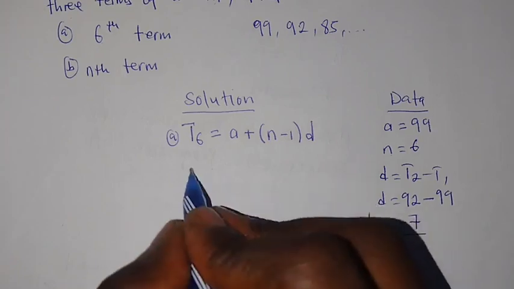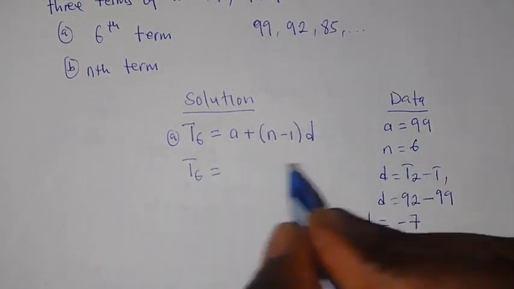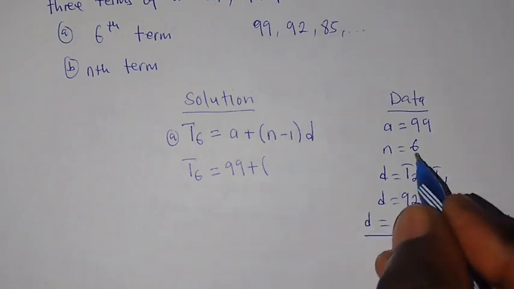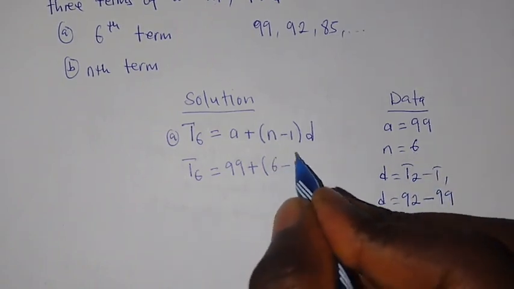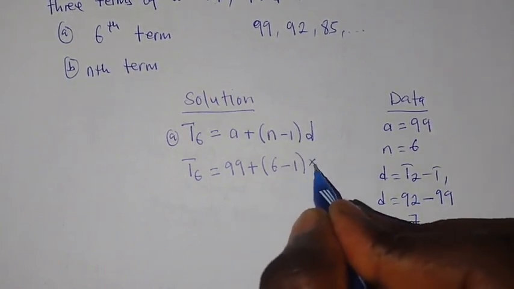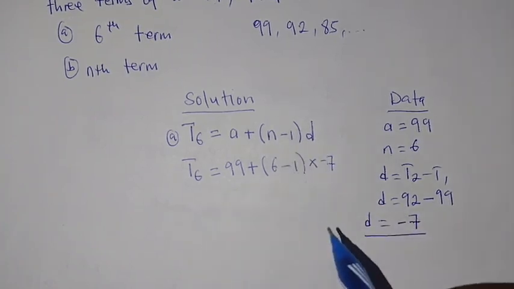Now we can substitute. So we can say term 6 equals, where there is A, we put 99, which is the first term, plus, where there is N, we put 6 minus 1. Where there is D, the common difference is negative 7, so I'll say times negative 7. So this multiplies with what is inside here.